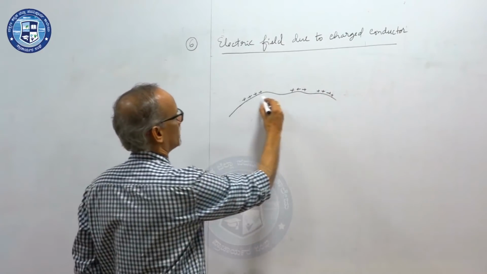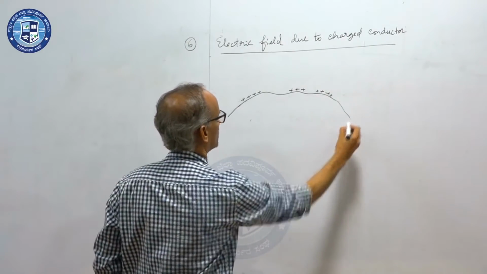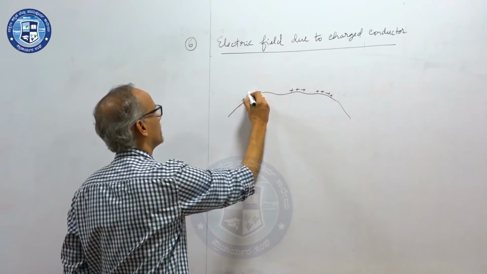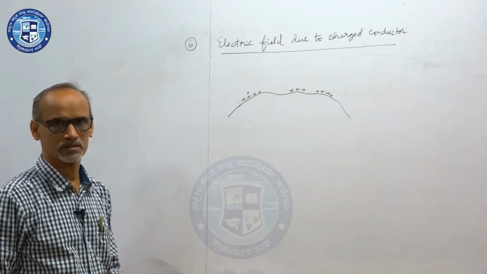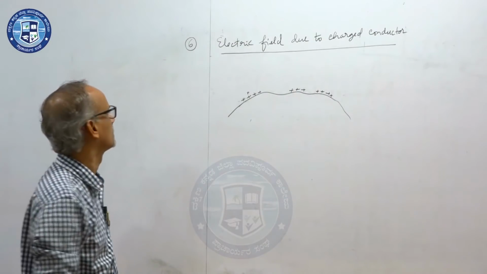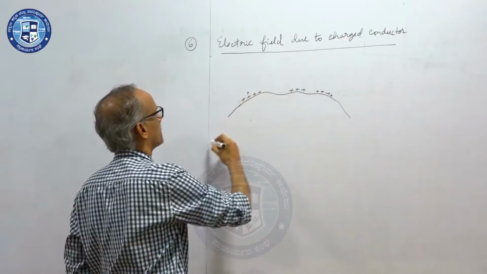Here we have part of a charged conductor, and I want to find the electric field at a point very close to the charged conductor. I am going to use the Gauss theorem in finding the electric field.